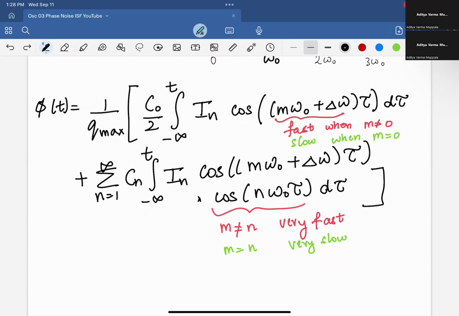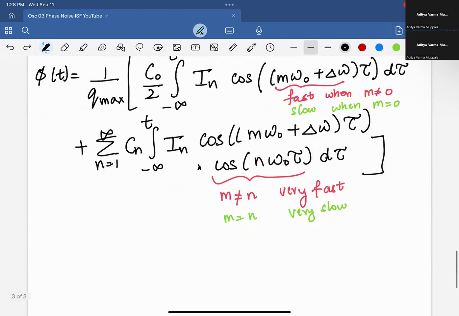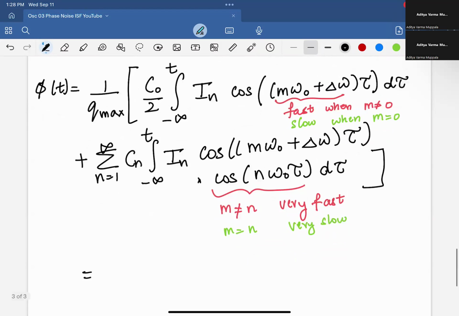And then these two integrals become the same, and you end up with I_n Cn over 2 q max delta omega times sine of delta omega t.